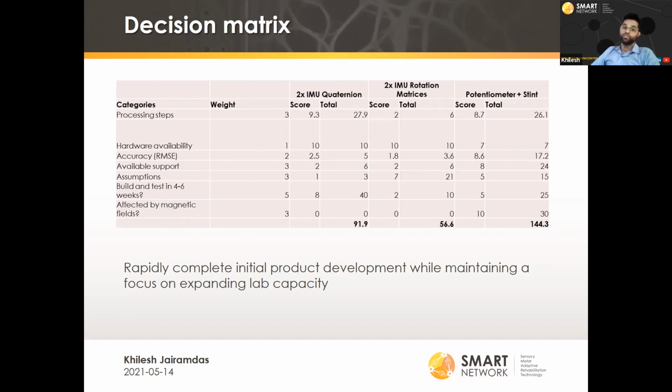And the repository is already set up with 2 GitHub branches for both. So everything's ready, and hopefully we can not only get a full minimum viable product out there, but also extend our rehab robotics lab's capability of doing some of this more sophisticated processing as well involving IMUs.